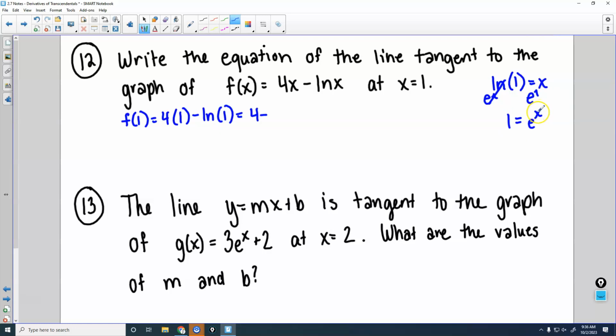What's the only thing that x could equal that would give us 1? 0. So this is important for you to know. You might want to put a box around this and make sure you've got it memorized. Natural log of 1 is 0. So we got 4 minus 0, which is just 4. So my point is (1, 4).